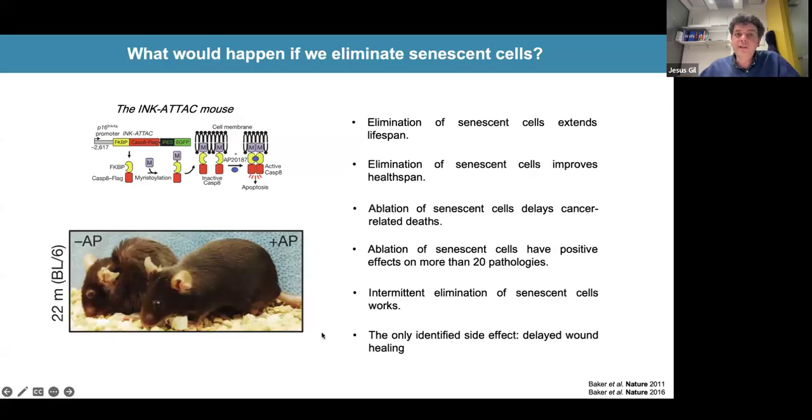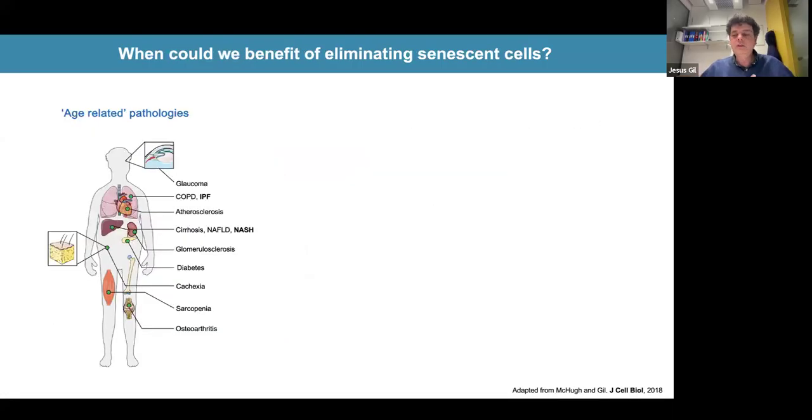And in these first studies, they only saw that there is a delay in wound healing while you are treating with the senolytic molecules. So with all of that in mind, there has been a lot of exciting developments and a lot of excitement in the field for the last 10, 15 years, because potentially you are able to selectively eliminate senescent cells.